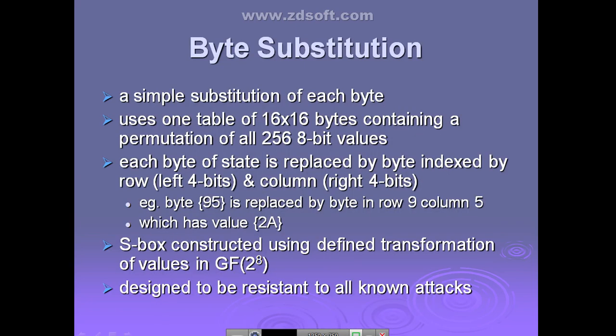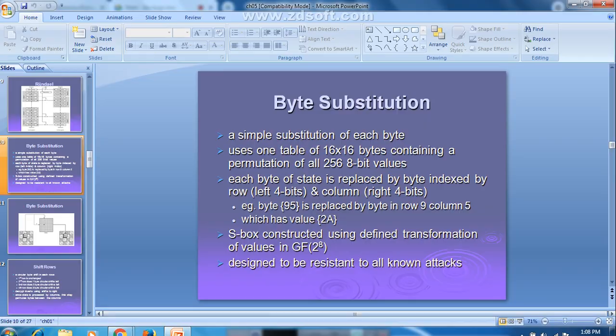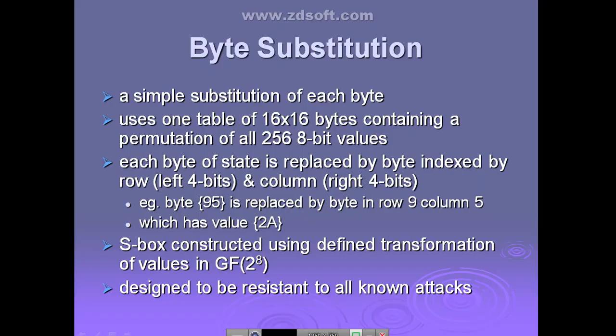Then after that we saw what exactly byte substitution is, right? Byte substitution is a simple substitution technique. That means a letter will be replaced with another letter, or a bit will be replaced with another bit. For byte substitution, it uses one S-box. We have already studied the S-box in DES. That is the substitution box.